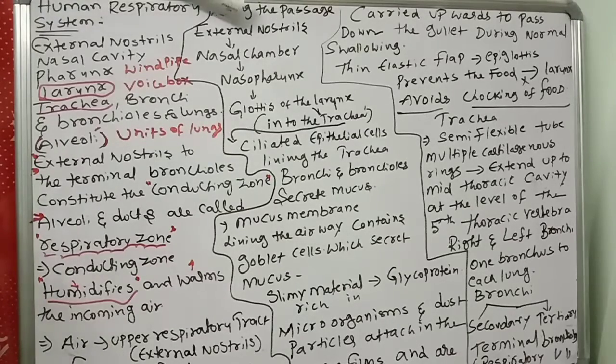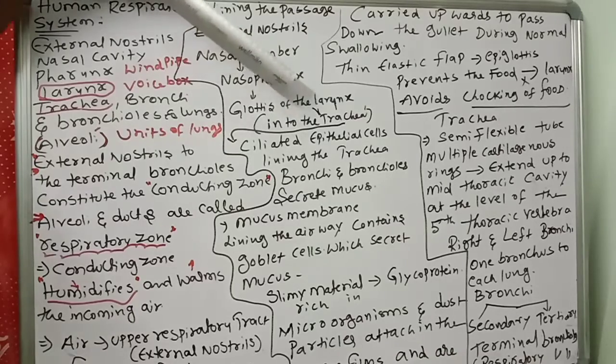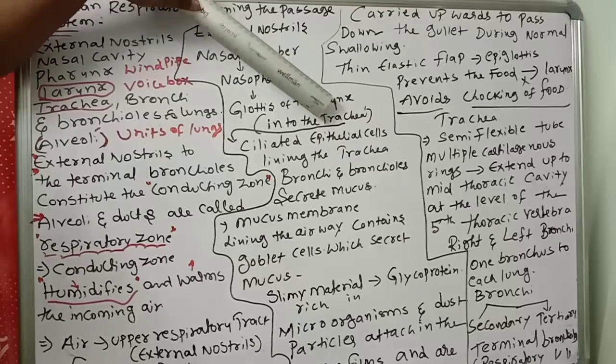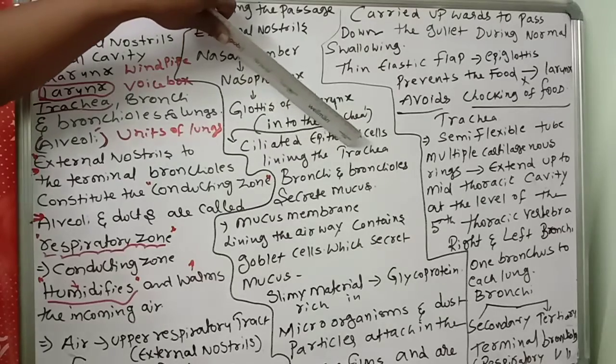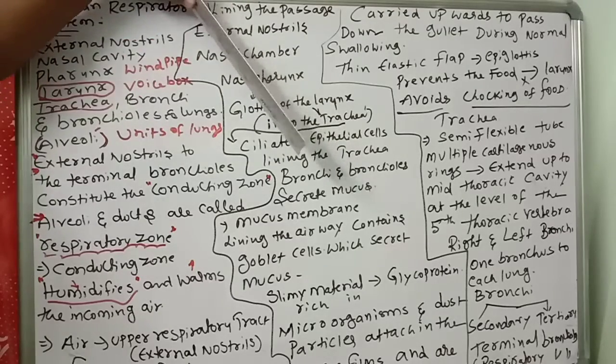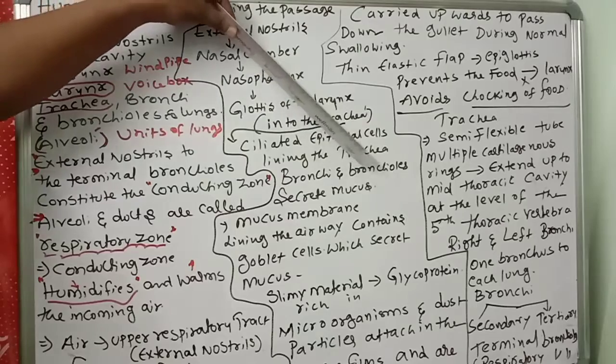Then it goes to the nasal chamber, nasopharynx, glottis of the larynx, and the trachea. In the trachea there are ciliated epithelial cells lining it. After the trachea come the bronchi and bronchioles.